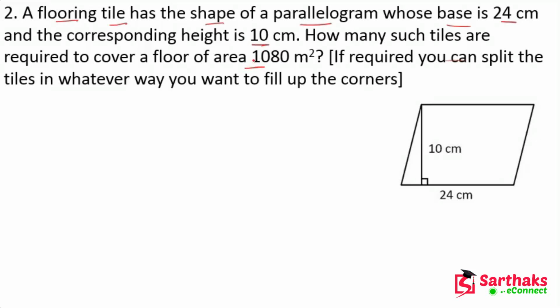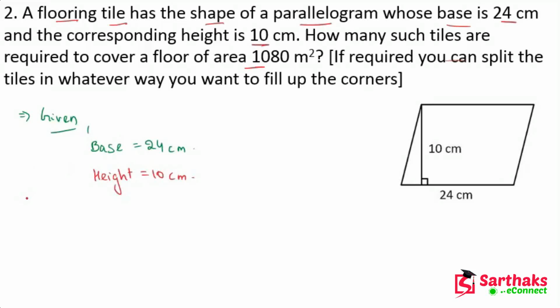So here is our first aim. First of all, we have to find the area of one tile. Okay, so first of all, here we have given in the question that base is 24 centimeter, and height is 10 centimeter.